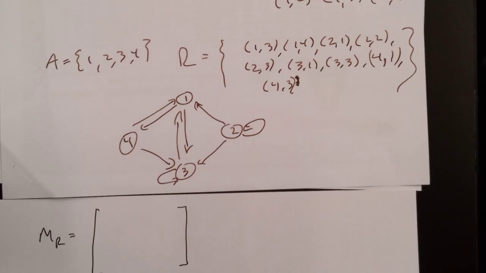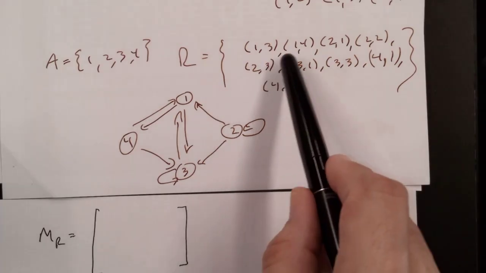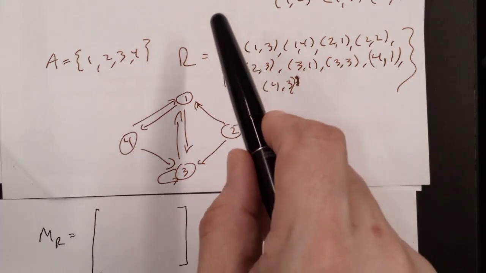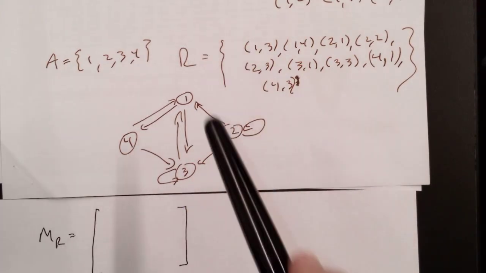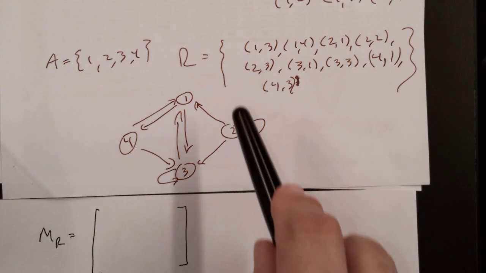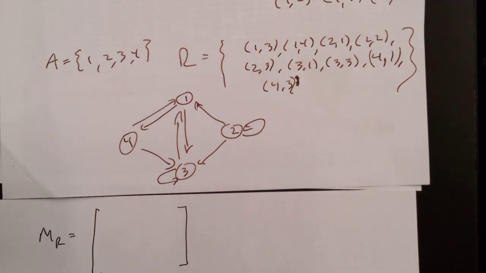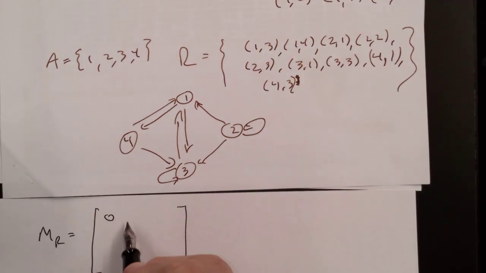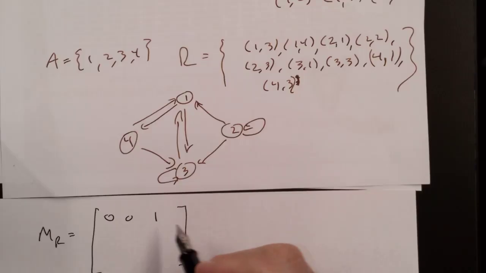1-3 is smaller than 1-4. 1-4 is smaller than 2-1, which means this is the top row. That's row 1, because row 1 is going to have all the things that have a 1 in the first entry. It's A and B. So 1-1, nope. 1-2, nope. 1-3, yes. 1-4, yes. And I can just go across this list. 2-1, yes. 2-2, yes. 2-3, yes. 2-4, nope.